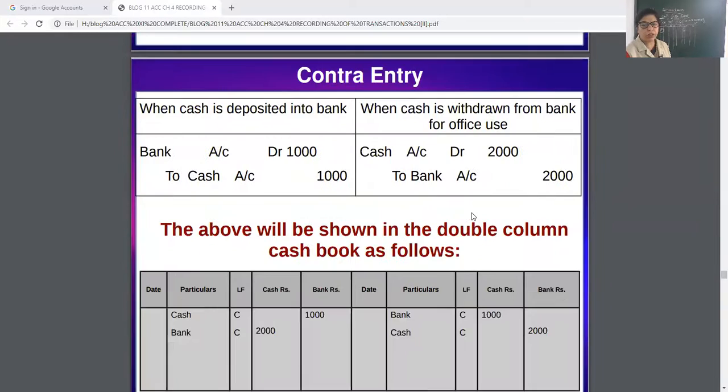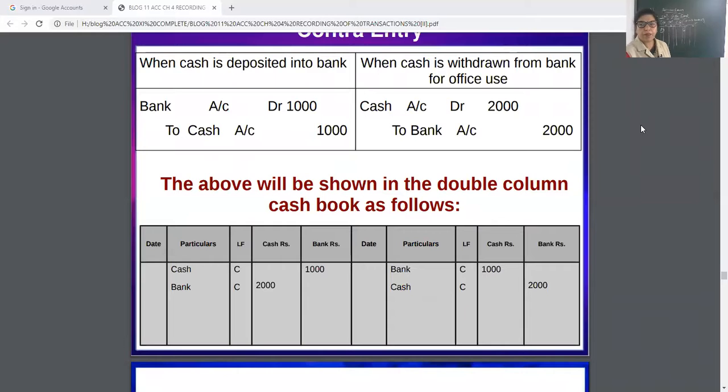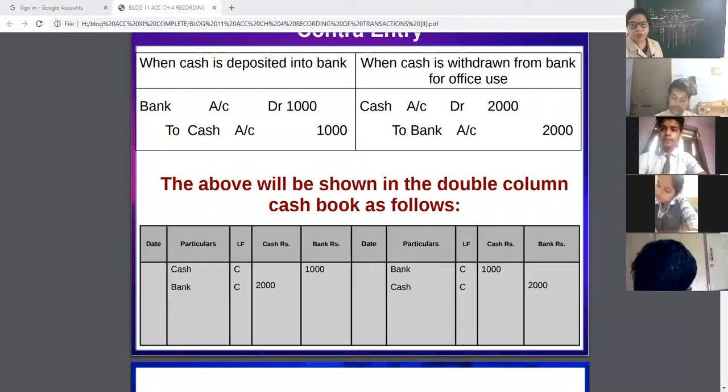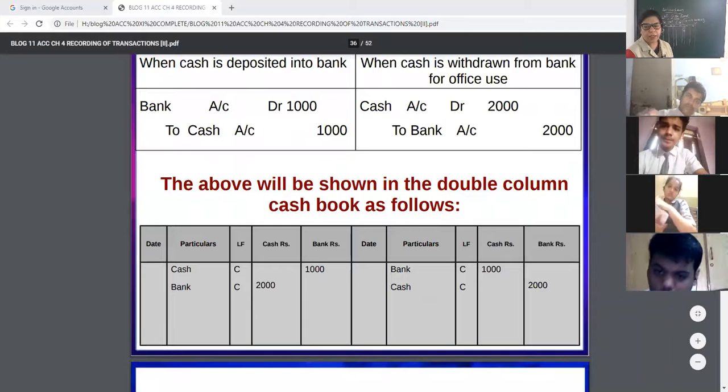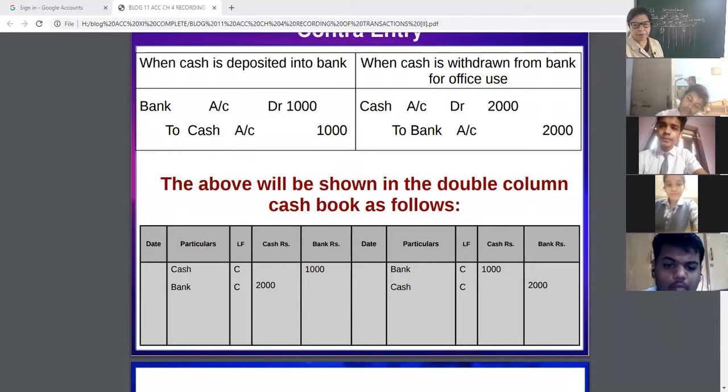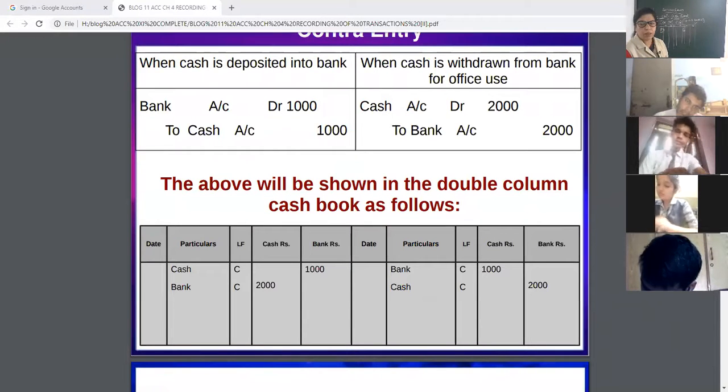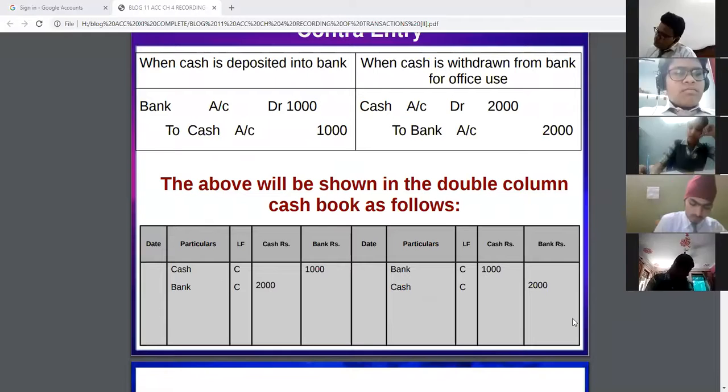Now, my dear children, you have to note down this slide. This slide is very useful for you. Cash deposit into bank and cash withdrawal from bank. This is the main topic.